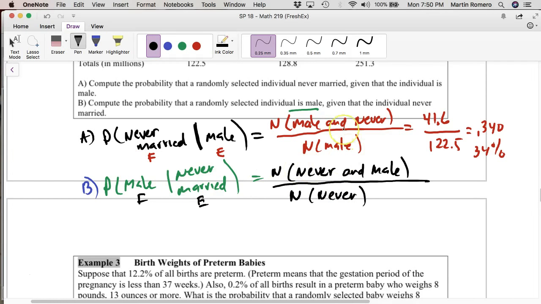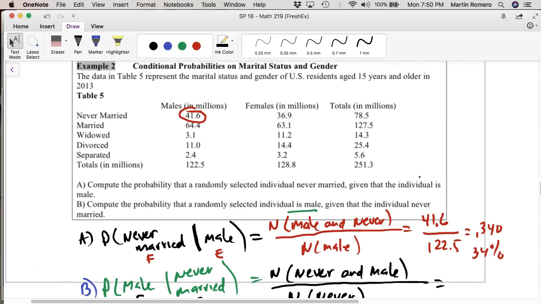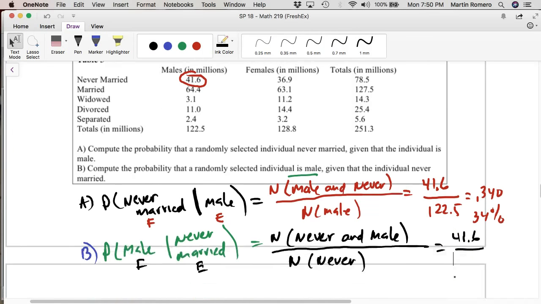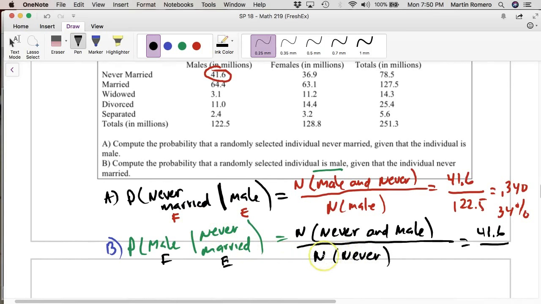So it's similar. We go ahead and look at how many are never married and male. So that's again 41.6. So you have 41.6 divided by the number that never married. And in this case, the number that never married is right here. That's that value. So it's 78.5.